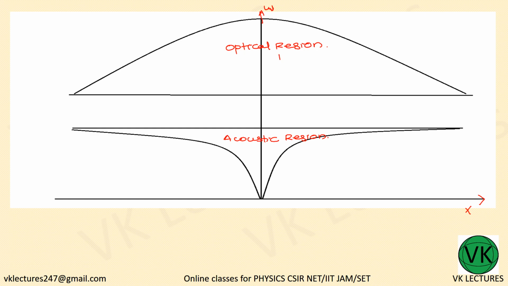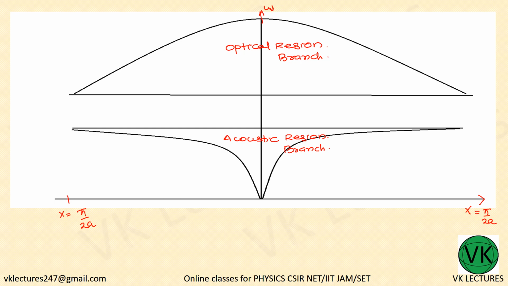So this is acoustic branch, and this is the x equal to pi by 2a, and here you have x equal to pi by 2a.